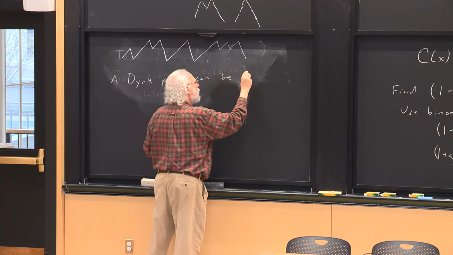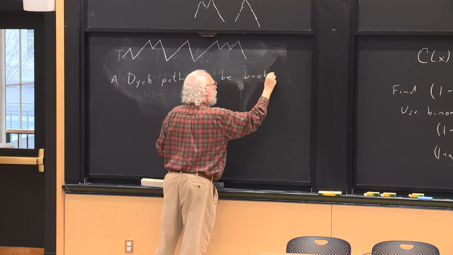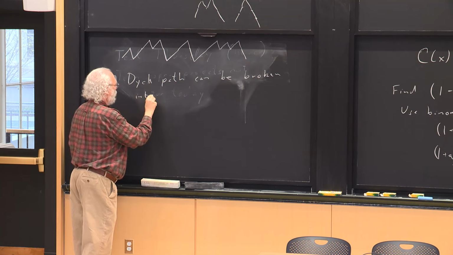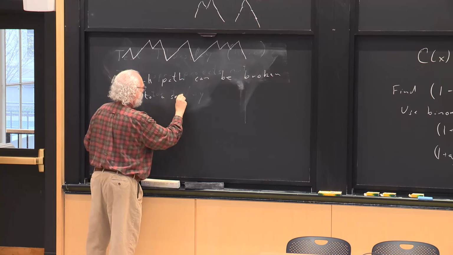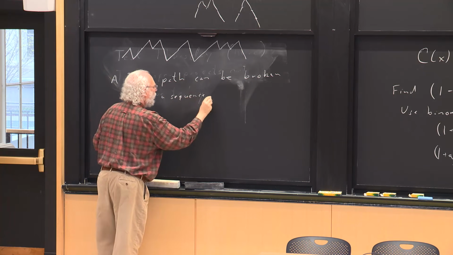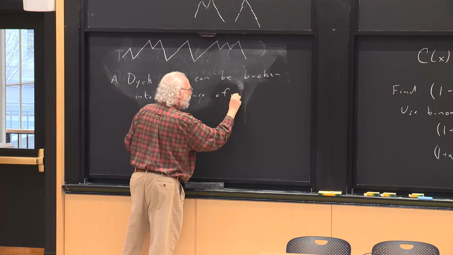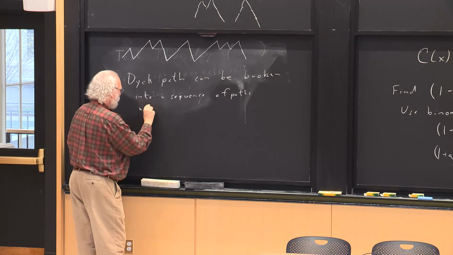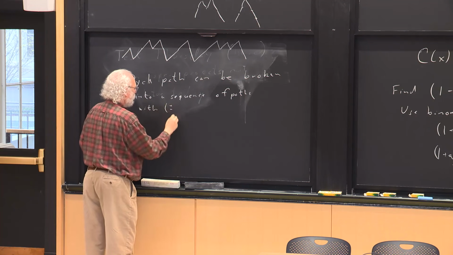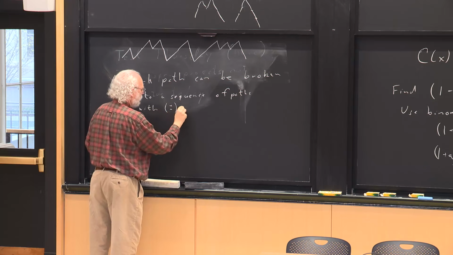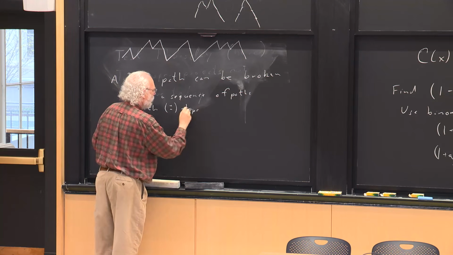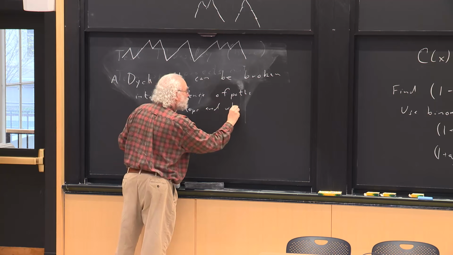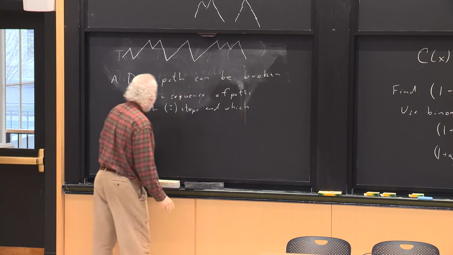So a Dyck path can be broken into a sequence of paths with plus and minus 1 steps which touch 0 only at their endpoints.